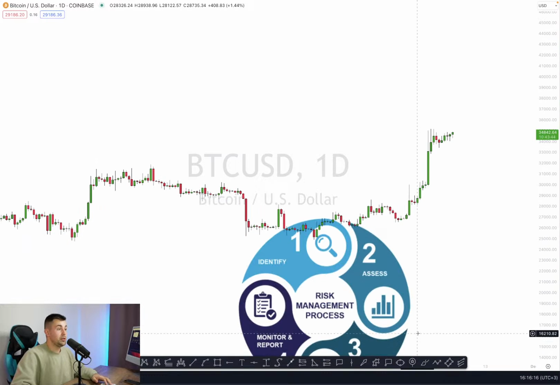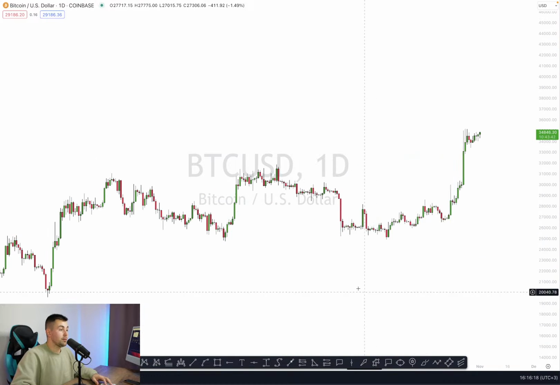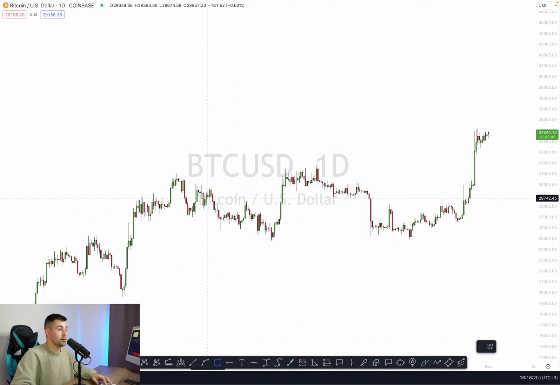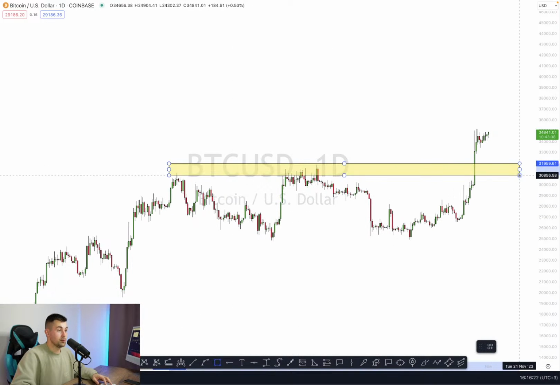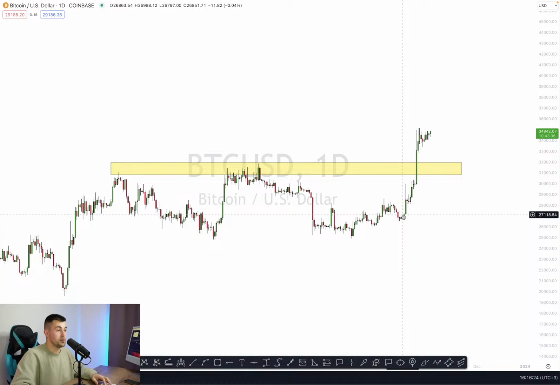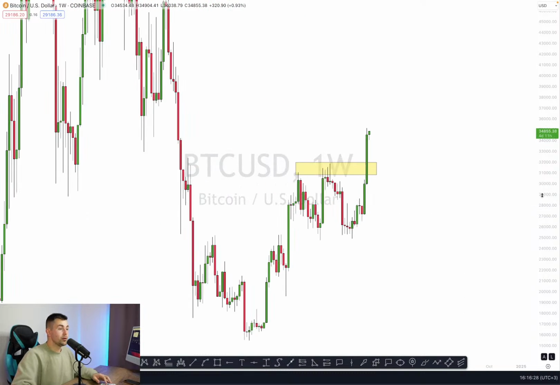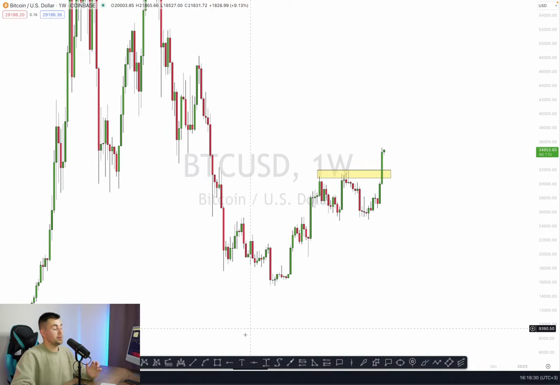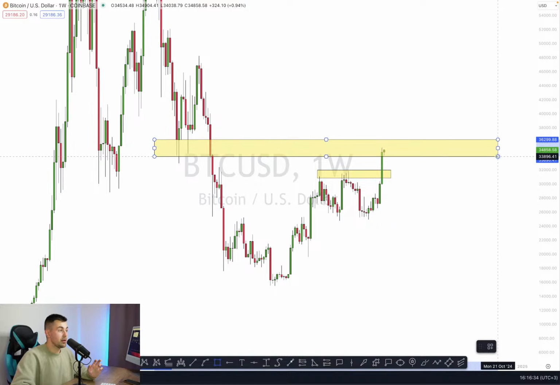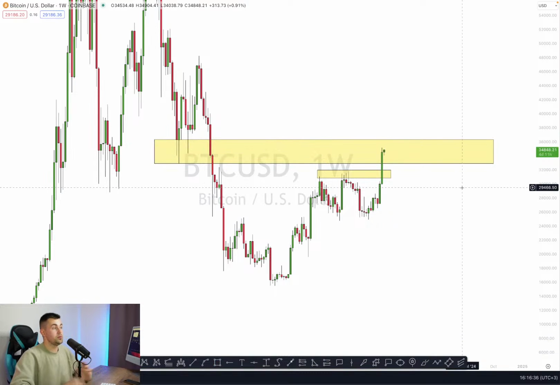Now, on a daily time frame, Bitcoin has violated a very important resistance and closed above that. That structure here was broken. But if we open a weekly, we can spot that Bitcoin is still staying within that huge zone. You can see that here we have a huge weekly resistance that the market is currently testing.